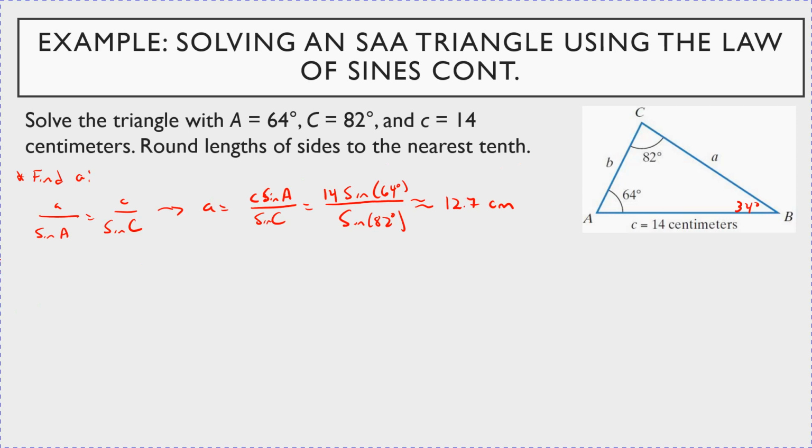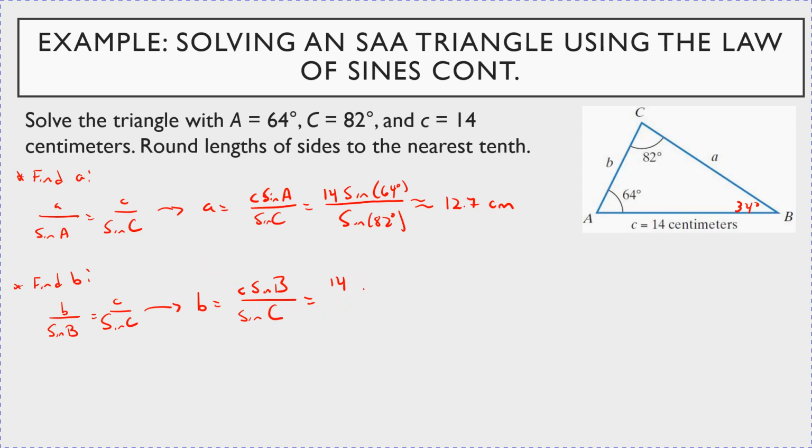Now we can find B. So look, B divided by sine of B is equal to C divided by sine of C. So look, it's the same deal. Multiply each side by sine of B. So B is equal to C times sine of B divided by sine of C. So C is 14 centimeters.